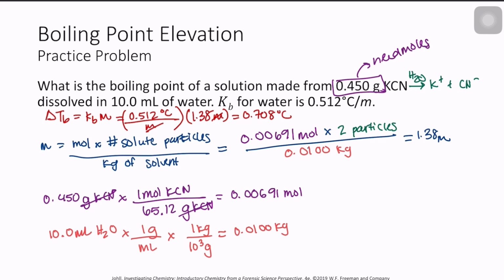So in order to get the boiling point, I need to add the normal boiling point, which is 100 degrees Celsius for water. And that gives me 100.708 degrees Celsius. So that is going to be my final answer.